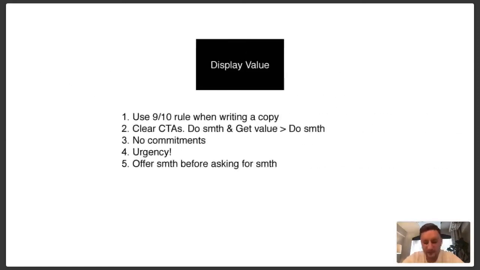So, display value. There are lots of tips and tricks on how to display value better when users are currently using your product. From my experience, first, use the 9 out of 10 rule when writing copy. What does it mean?